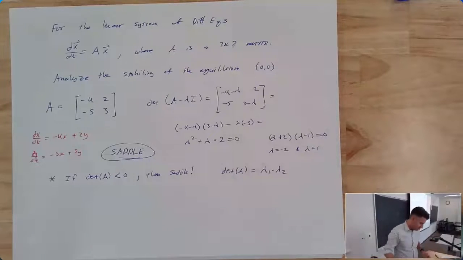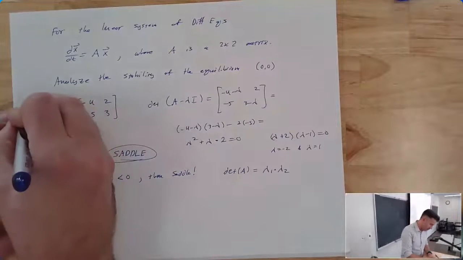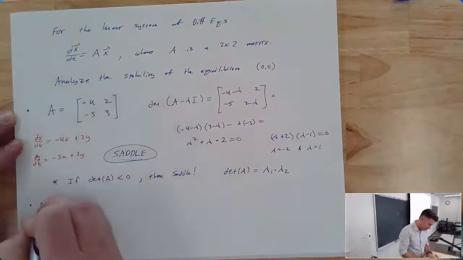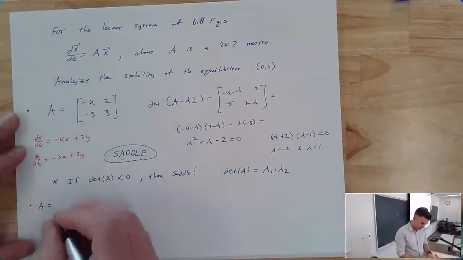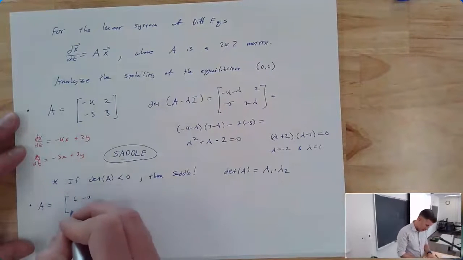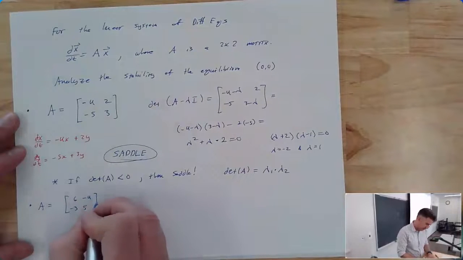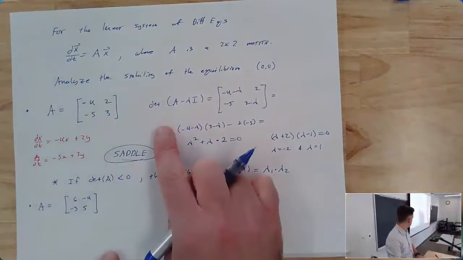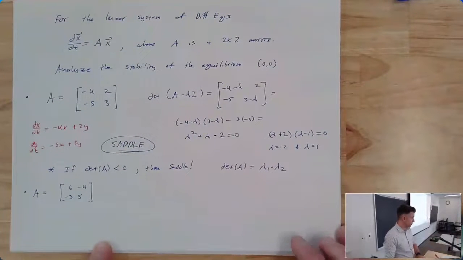Cool. So let's look at another example. Let's say our matrix was A equal to [6, -4; -3, 5]. Instead of using the determinant of A minus lambda I, I'm going to refer back to the trace determinant method.